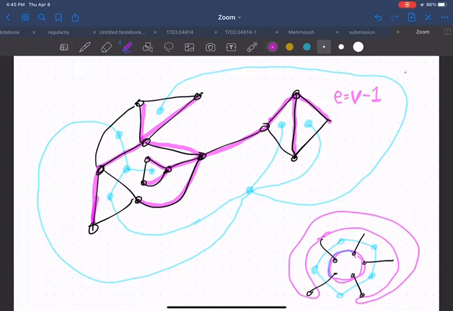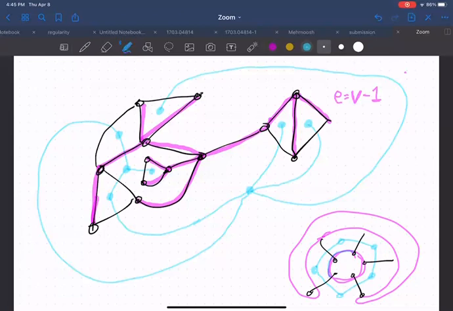And why is the blue graph connected? Well, you can check if you like, because the purple graph doesn't have any cycles, because it's a tree. So essentially, the blue graph is a tree because the purple graph is a tree. All right, so what?